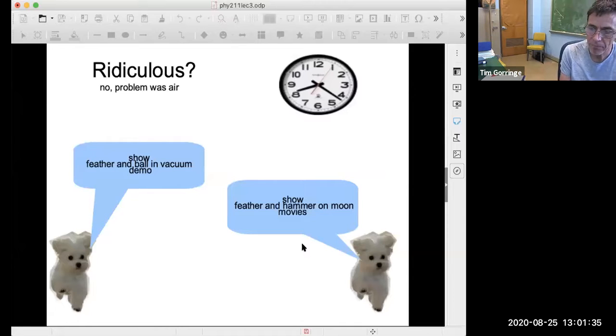And I'm going to show you one or two videos here of dropping different objects where we do say that they do fall under gravity with the same constant acceleration. And the reason the textbook and the sheet of paper didn't fall with the same constant acceleration is because of air. So when objects fall under gravity on Earth, they're falling through air, which is kind of like a fluid that they're moving through.